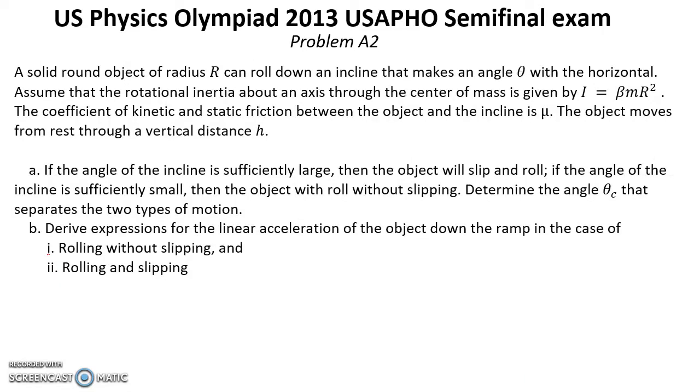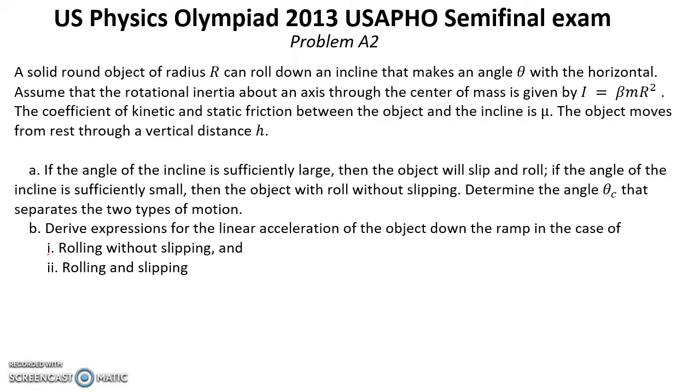US Physics Olympiad, year 2013, USAPHO, Semifinal exam. Problem A2. A solid round object of radius r can roll down an incline that makes an angle theta with the horizontal.